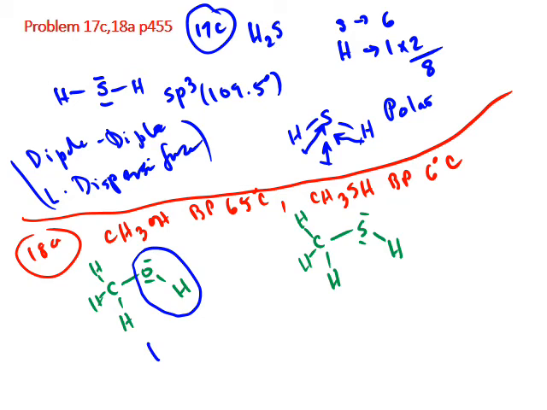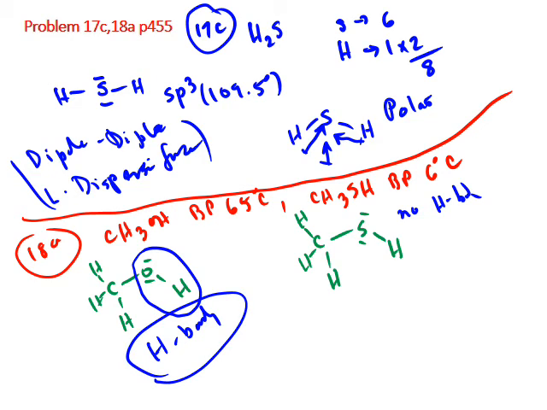So this can give hydrogen bonding. Whereas in the case of the second compound, there is no hydrogen bonding. But the other ones, like dipole-dipole interactions, are present. London dispersion force, even though it's weak, is present. So the major difference is caused by hydrogen bonding in the case of CH3OH and no hydrogen bonding in CH3SH.